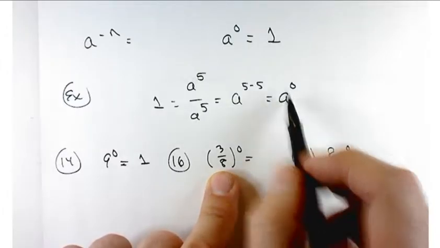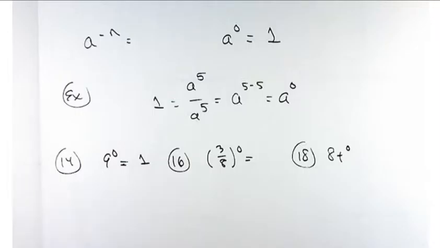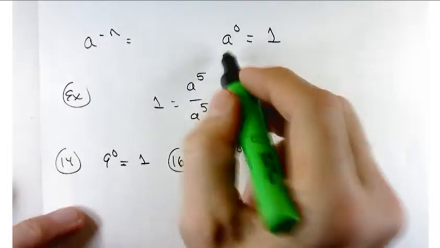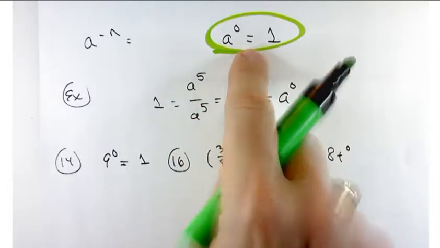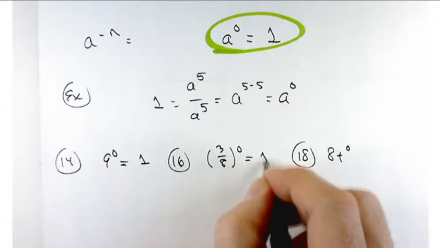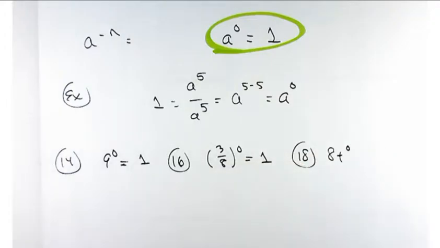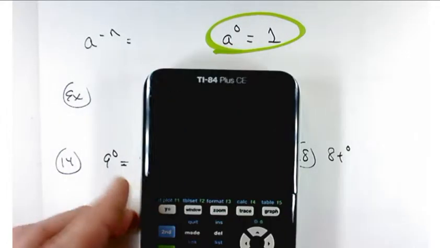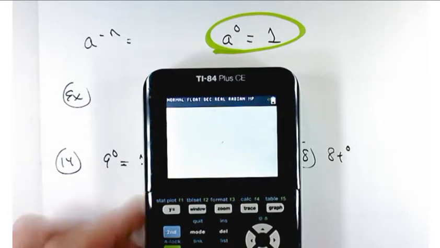Well, let's go with the rule here. When you have something to the 0 power, anything to the 0 power is 1. So 3/8 to the 0 power is still 1. In fact, maybe you guys would be a little more comfortable with it if you saw it on your calculator. Take out your calculators.